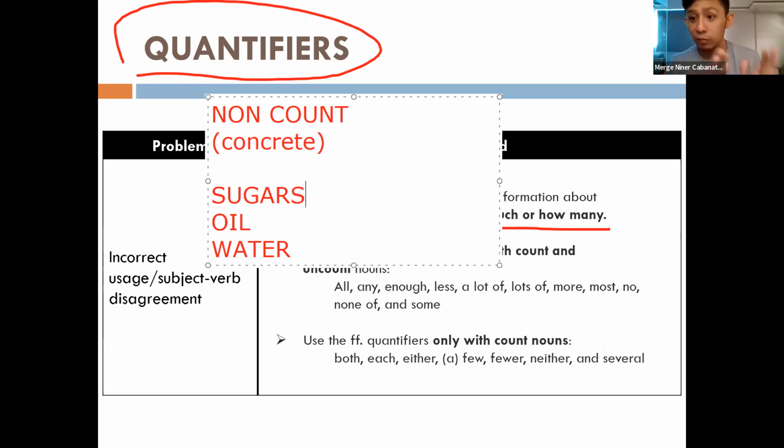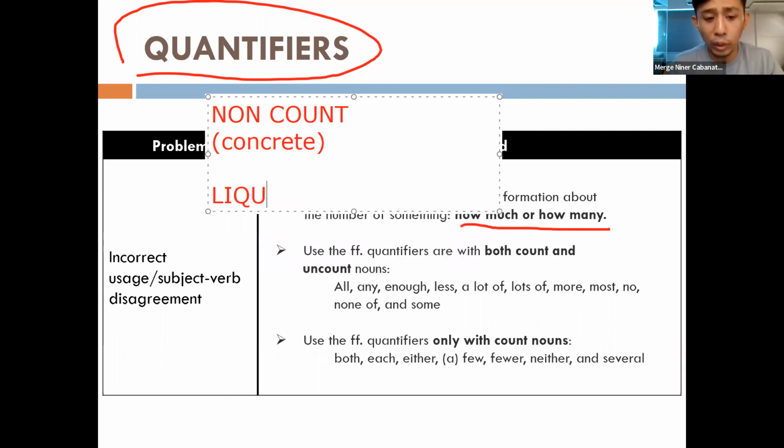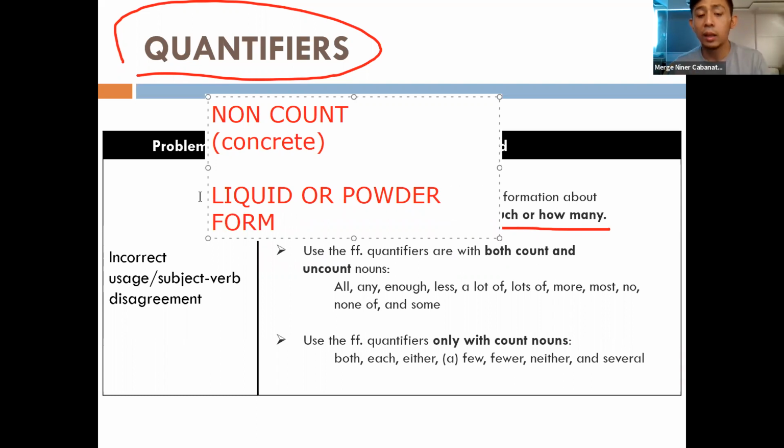We're talking about the variations of different types of sugars, monosaccharides, disaccharides, polysaccharides. Pwede yun. Essential oils, different types of oil, different types of oceans. Pwede yun. But if your noun is either in the liquid or powder form, you will be using the non-count variation.